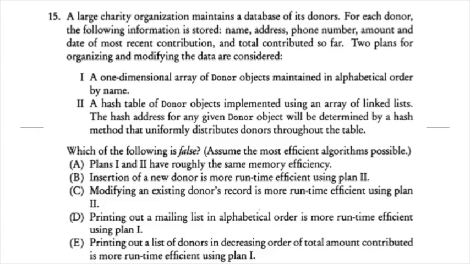The same happens for plan 2. How can we guarantee how to locate the decreasing order of total amount contributed in both methods? We cannot compare that because we don't know how they have been implemented. So the false statement is choice E.